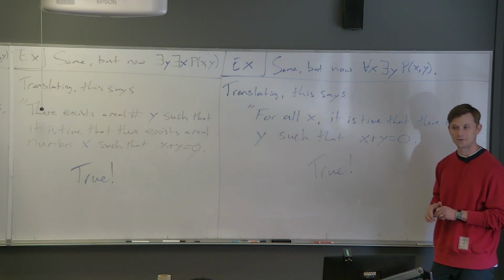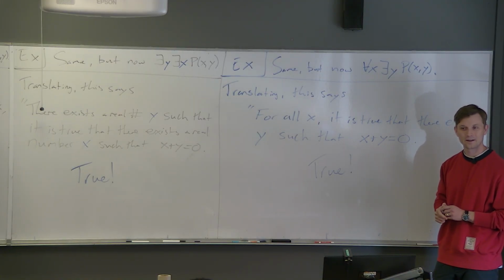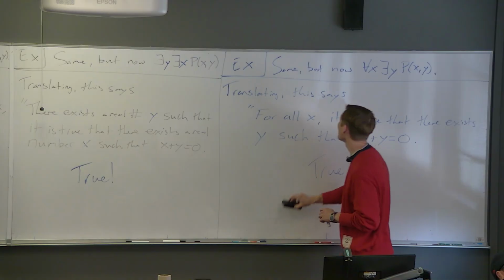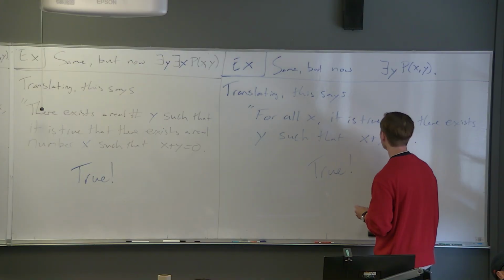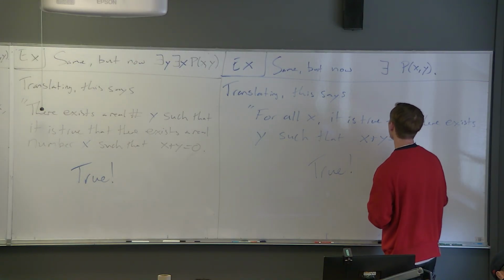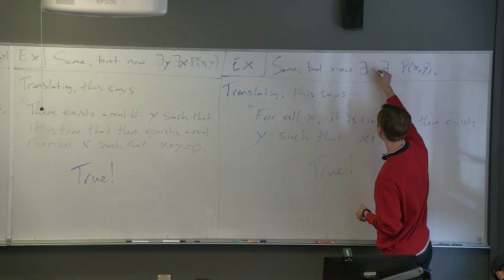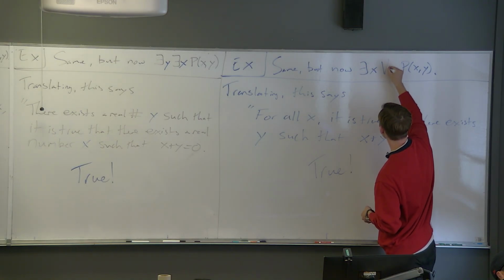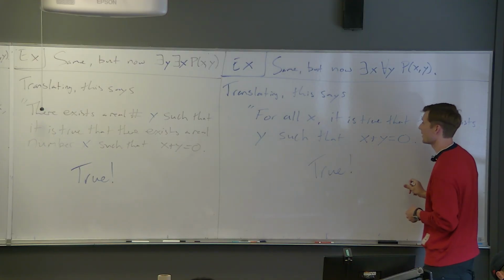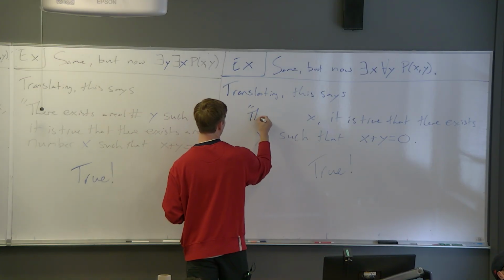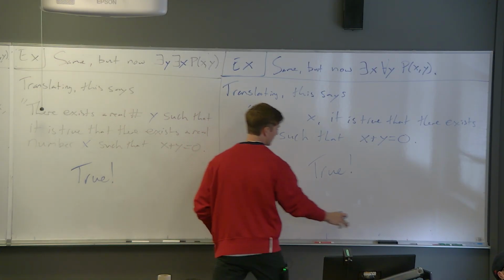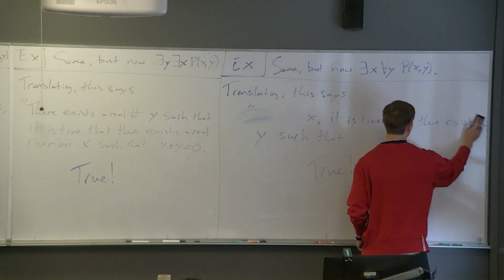Now, what happens if we flip the order? This is going to get different. So, flip the order and say, here, instead of saying for all x, let's say there exists x such that for all y, p of xy. Let me just erase the whole thing so I don't rewrite in a silly way.